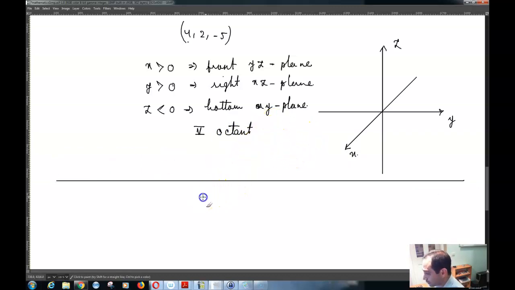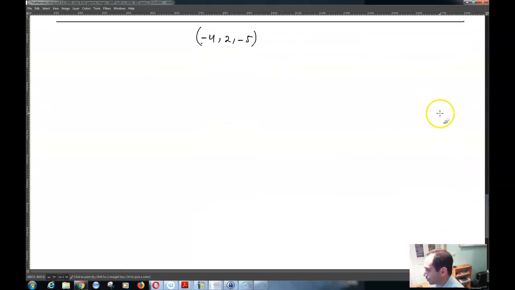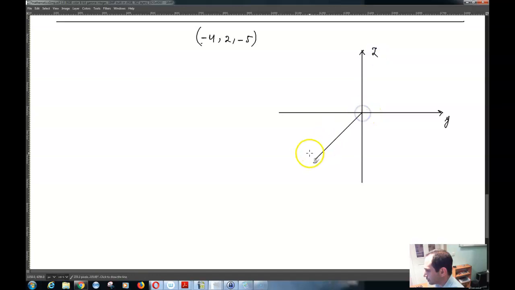So if you have -4, 2, -5, this point over here, then basically you have, so this is the y-axis, this is the z-axis, and this is the x-axis.